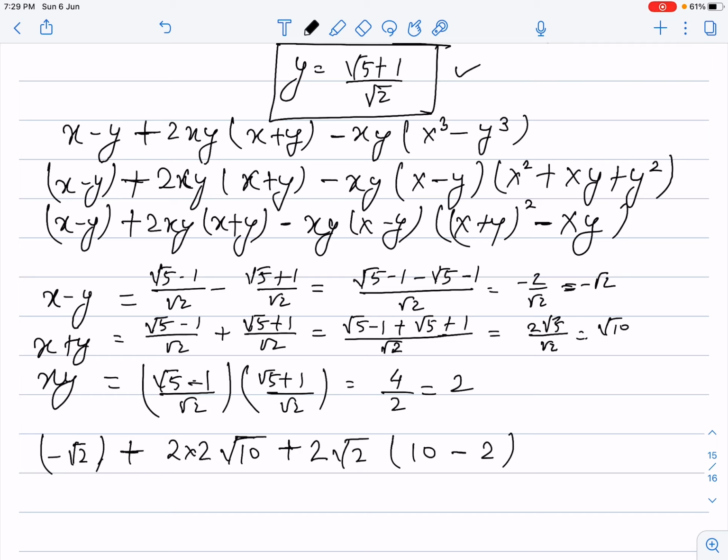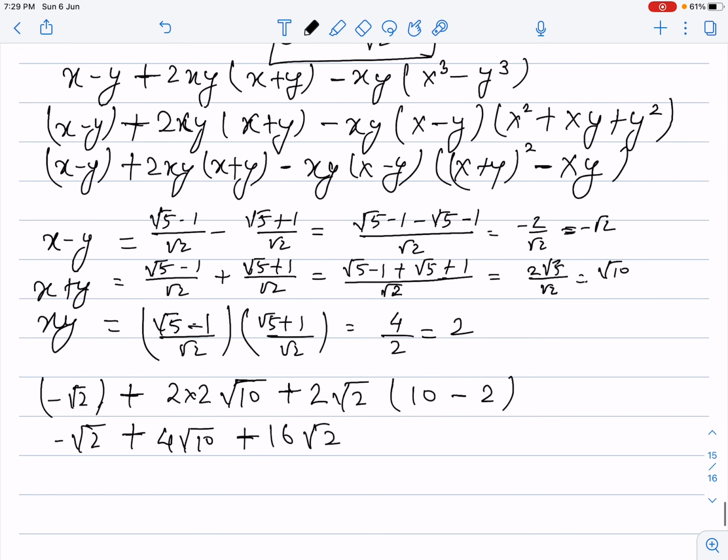Great. Now minus root 2 is written over here, plus 4 root 10 is written over here, plus 8 multiplied by 2, 16 root 2 is written over here. So 4 root 10 plus 15 root 2 we have.